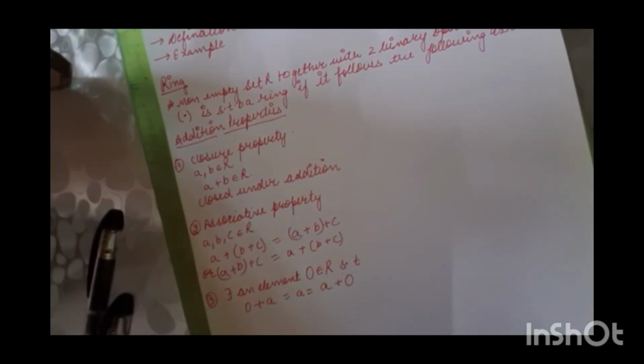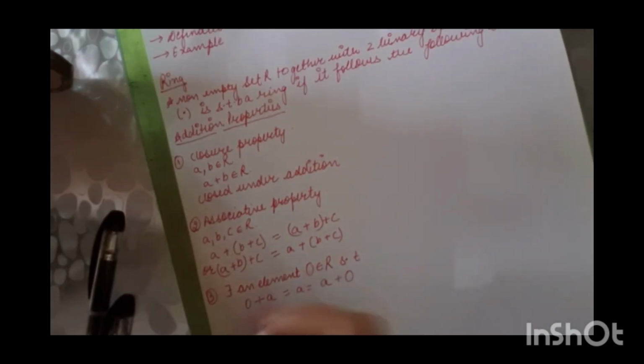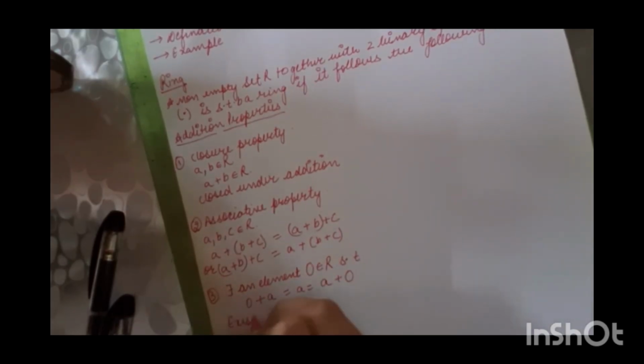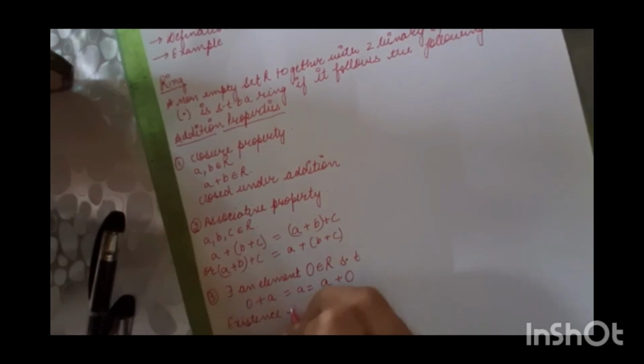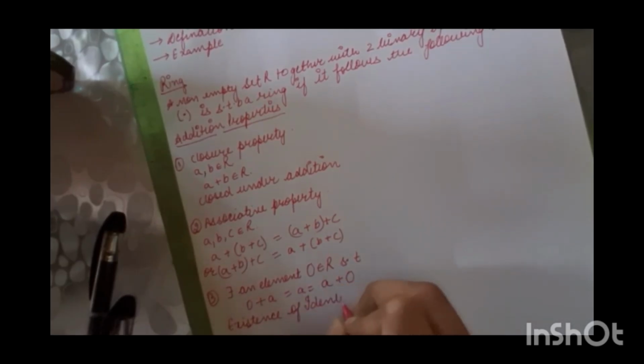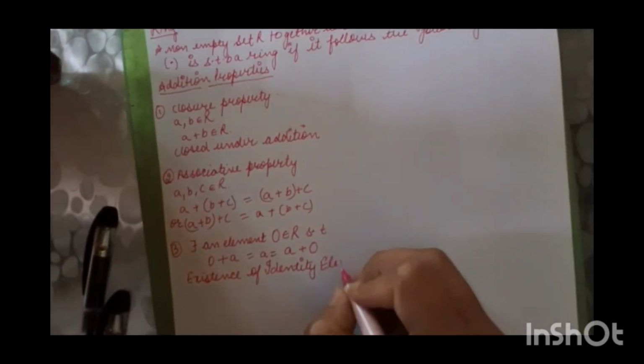This is absolutely right, because adding any number to 0 will give the same number only. So this is called the existence of identity element.